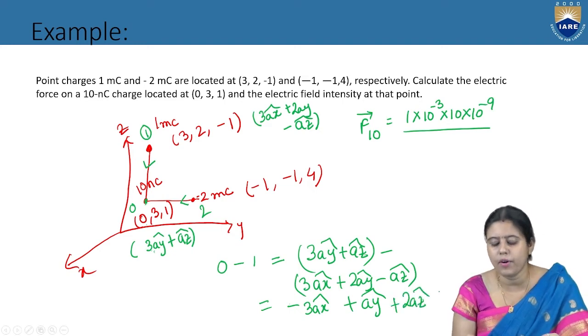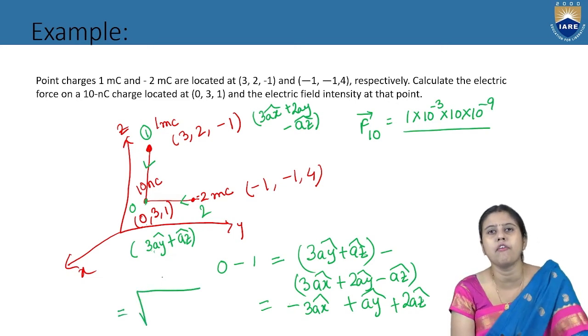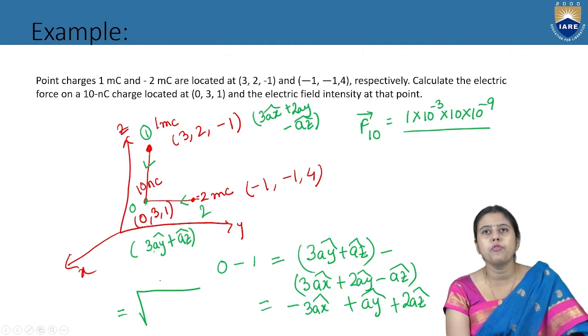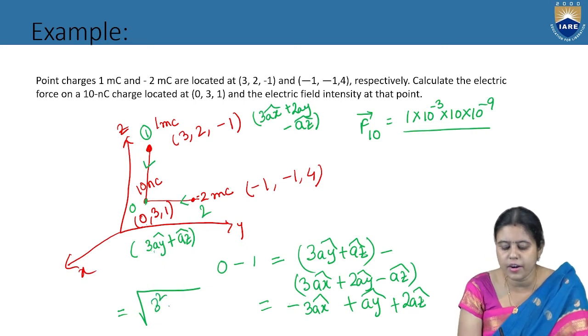What is the length of this line? We have already discussed many problems in our previous lectures; you can check the equations in those lectures also. It is 3 square plus 1 square plus 2 square.